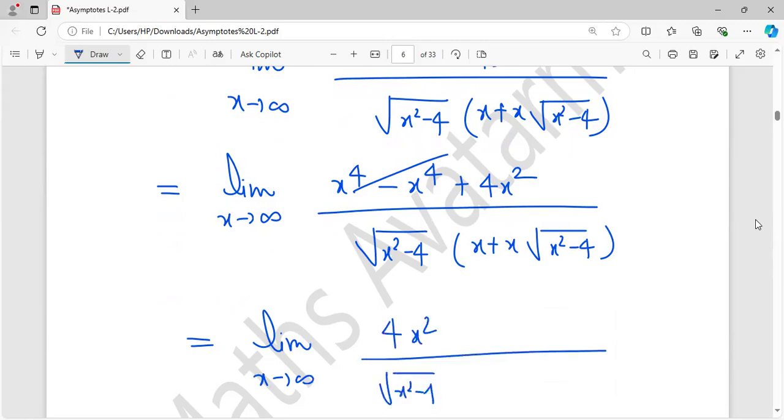So x square minus 4. To take x plus x under root x square minus 4.